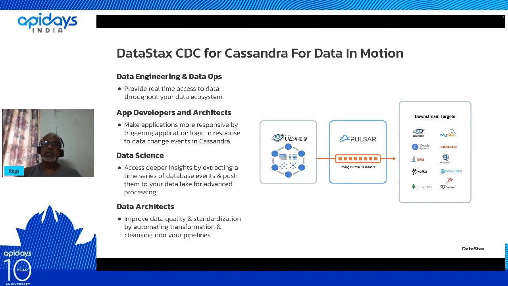Anything on the other side is possible. Or maybe even Apache Cassandra itself, but this time it's on-prem or something, right? You may be filtering, you may be doing any of these. So in this ecosystem, we still play by using this change data capture.